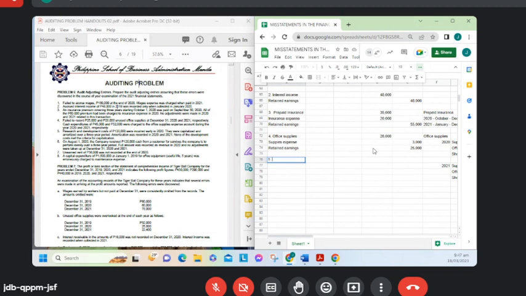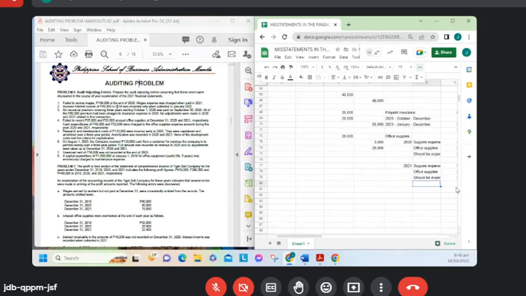So it means there is an overstated expenses in 2021, while in 2020 there is an understated expense. So supposedly that 120,000 should be expense out in 2020.